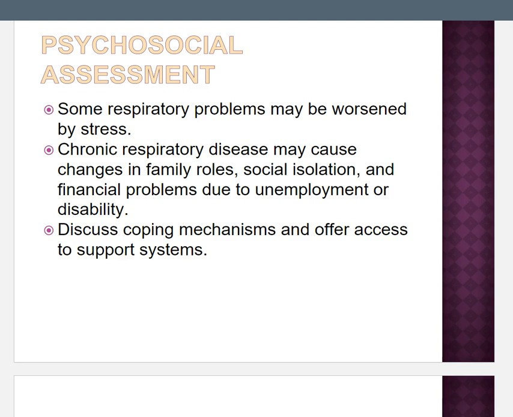Normally, with a healthy person, the ribs slant downward, but with COPD, it's more of a horizontal look, and that's what pushes out, causing your patients to have what we call a barrel chest.